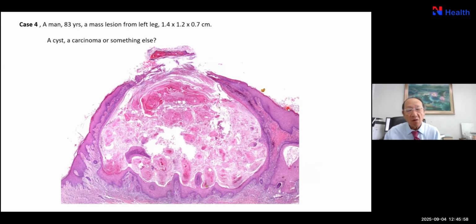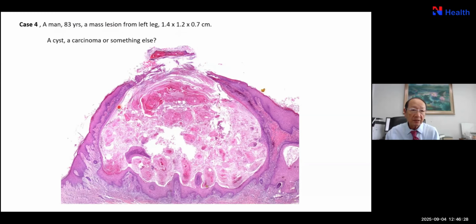Case number 4, a man, 83 years old, lesion from the left leg, size about 1.4 by 1.2. The histology, you have 3 cuts on the slide, but this is one of them. It's characterized by a cyst. The content is mainly keratinized cells or keratin.